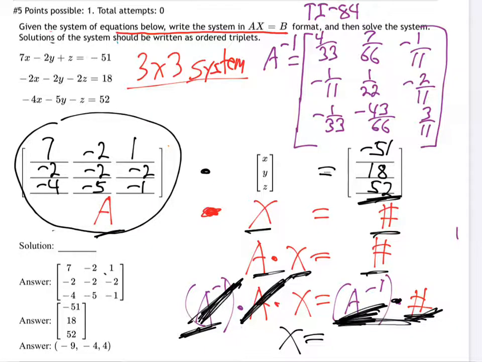So there we go. There's the inverse matrix from the TI-84 calculator, or you could also get it by going to desmos.com, and you could just use a big decimal one.